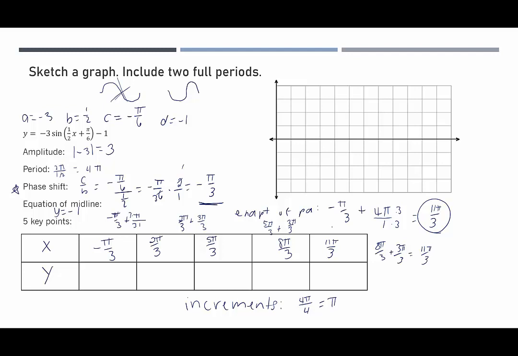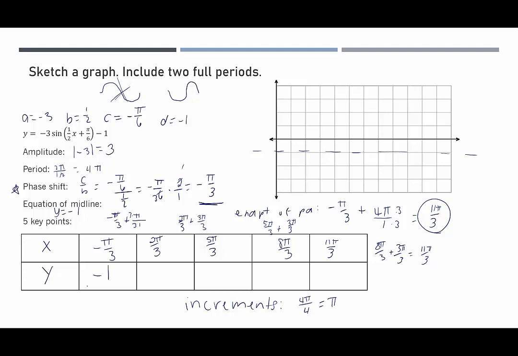How about our y values? So let's look at our midline. Our midline's right here. So the middle of this graph will be at -1. This is a sine graph, so we're going to start at that middle at -1. From here, we're going to use the amplitude to help us find the next y coordinate.